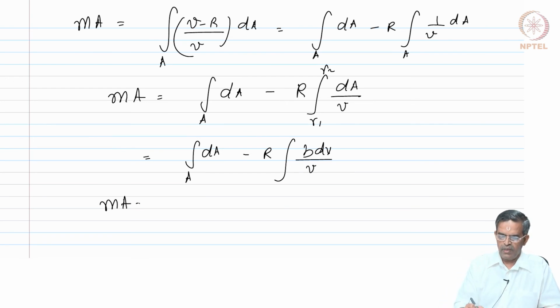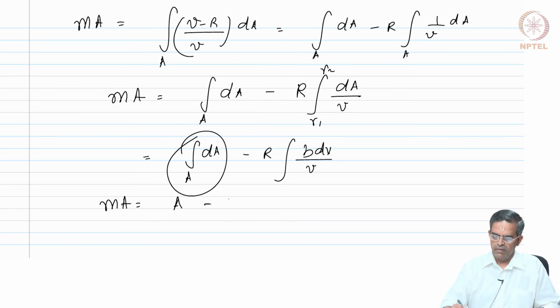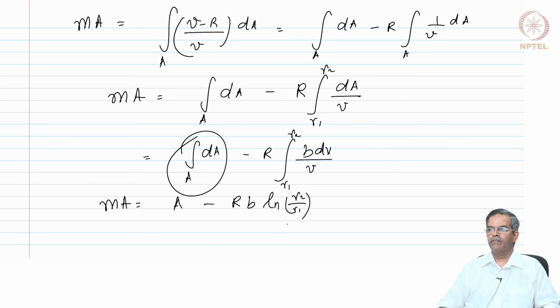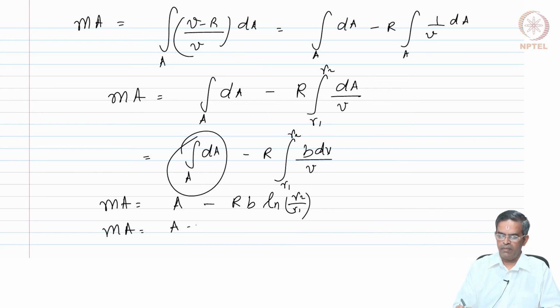Therefore, MA now becomes A, because integral dA over A is A, minus R B ln, with limits R1 to R2, so R2 by R1. Which says MA is A minus R B ln of R2 by R1. What is R2 from the figure, friends?